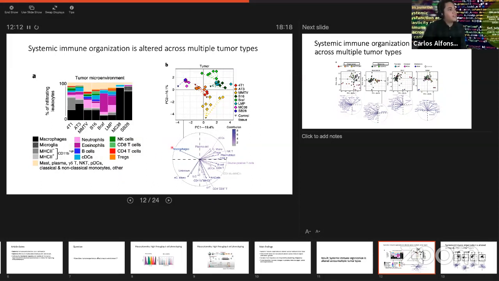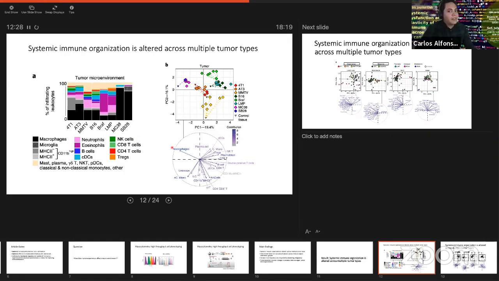But what is even more interesting is that they can do all these experiments with multidimensional data and then use a PCA technique that allows you to reduce the dimensionality of all the cells that they were quantifying at the same time.